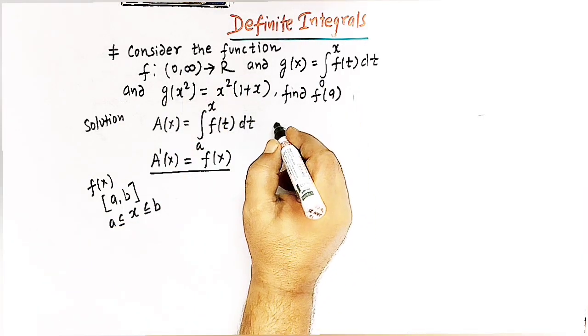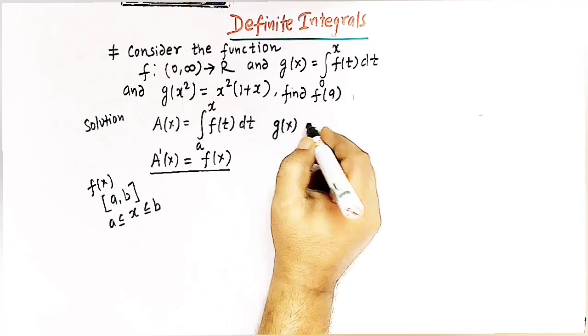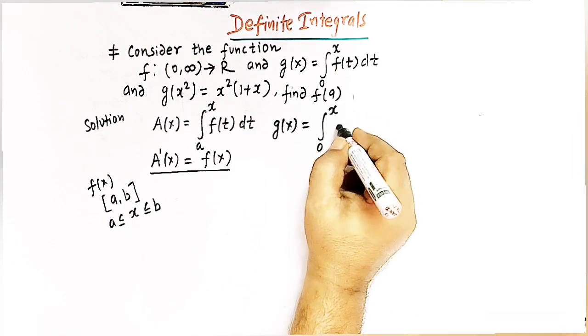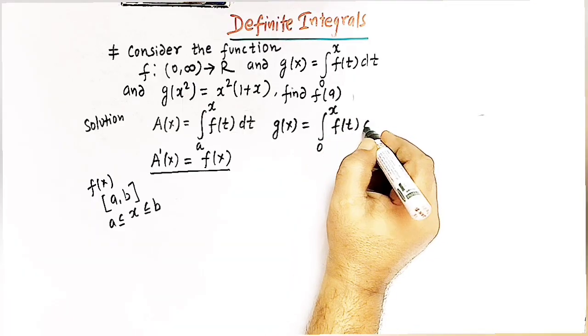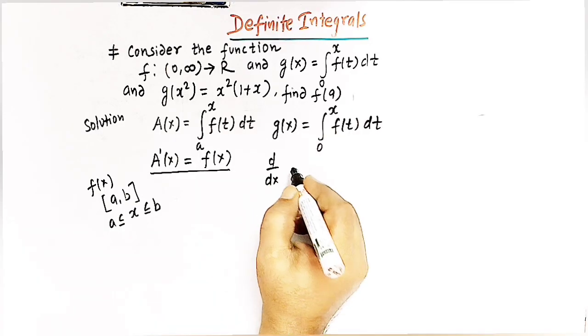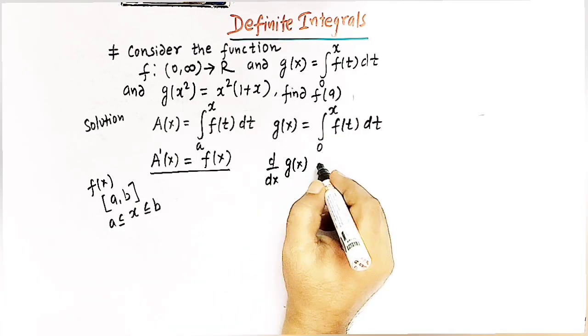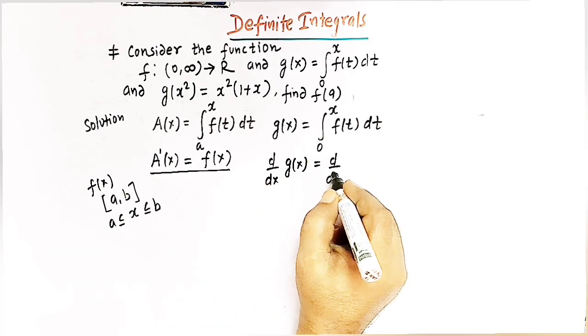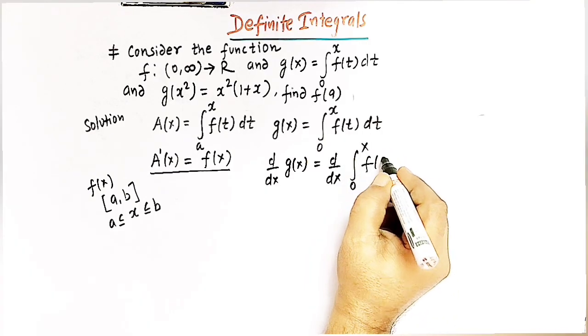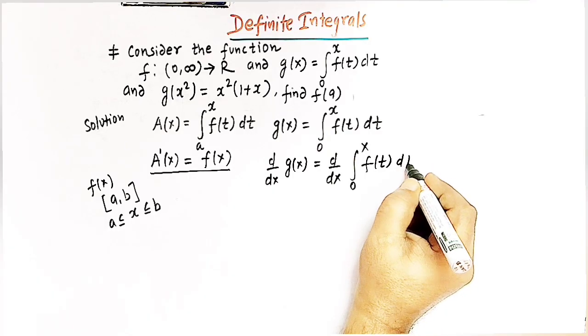So here we are given that g of x is equal to the integral 0 to x of f of t dt. Now if we differentiate both sides, that is d by dx of g of x, then we have d by dx of the integral 0 to x of f of t dt, right?